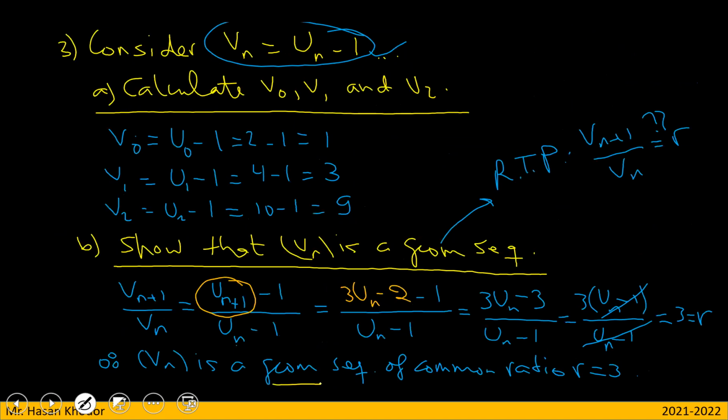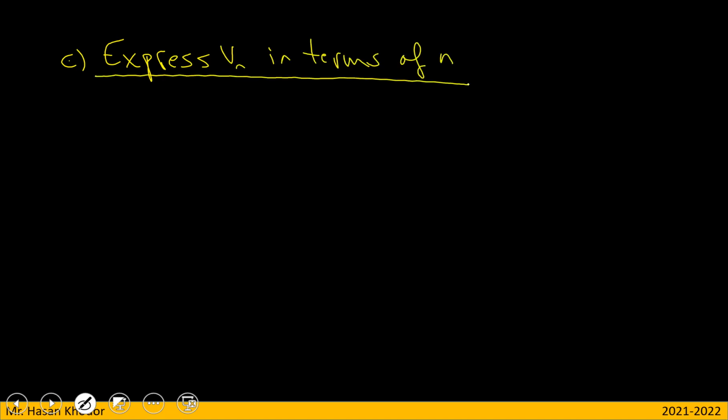This is geometric. Now this will be the new question, part C. I'll ask you to express Vn in terms of n. Well, simply we say that Vn is geometric, which means that Vn is equal to V0 times r to the power n.